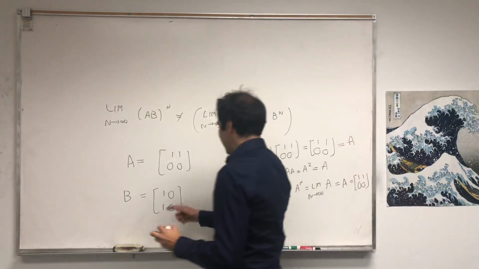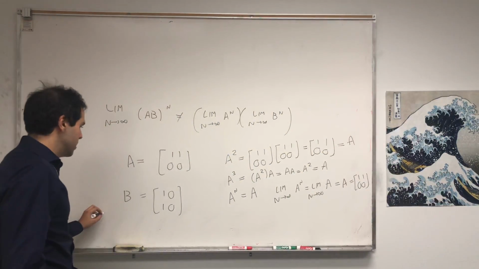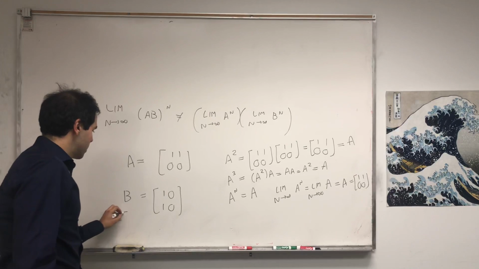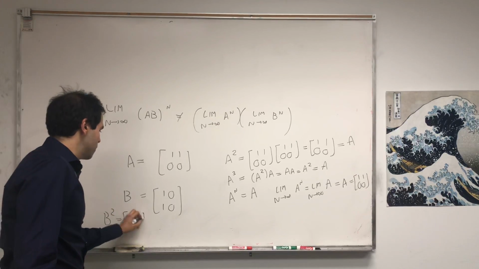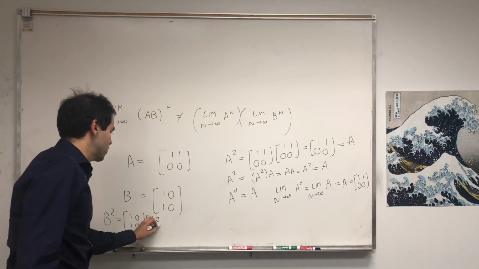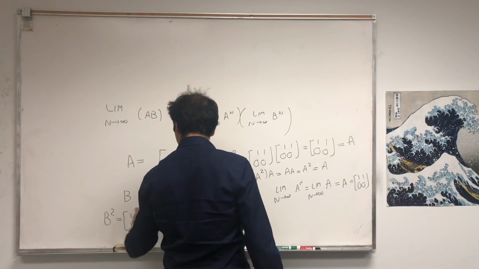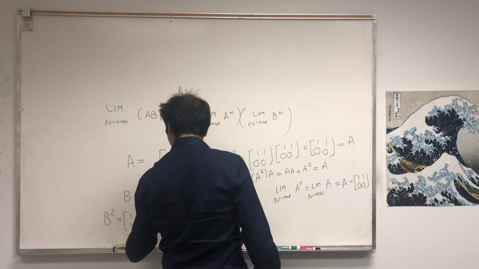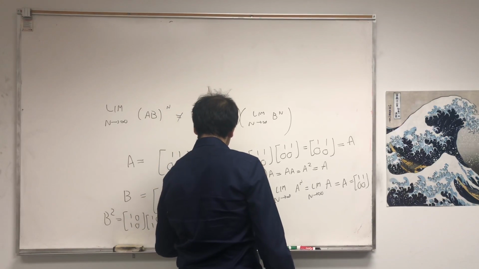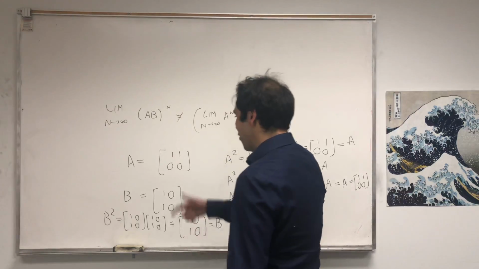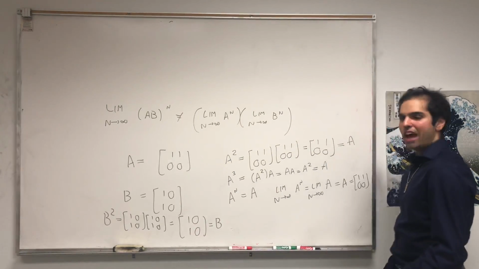On the other hand, let's calculate powers of B. B squared is 1, 0, 1, 0 times 1, 0, 1, 0, and you calculate this and you get 1, 0, 1, 0, which is B. So B is also what's called idempotent.